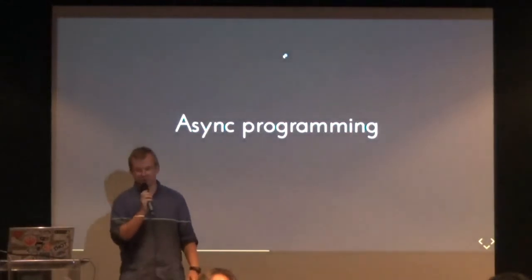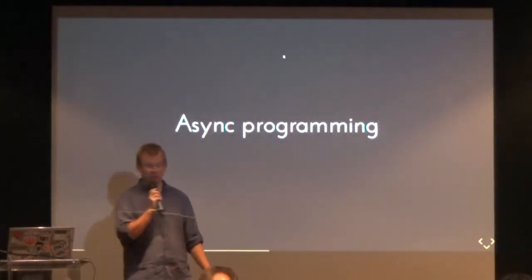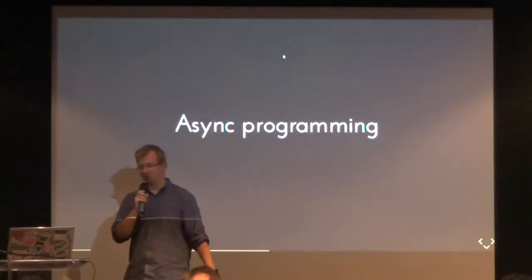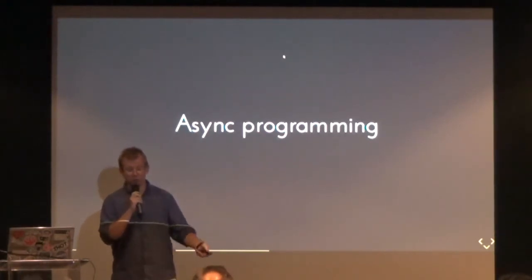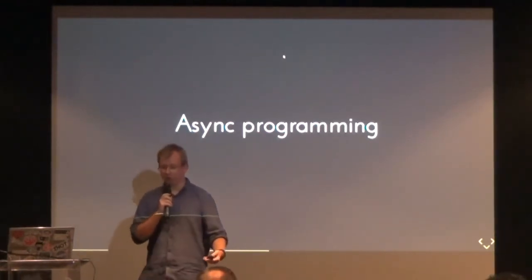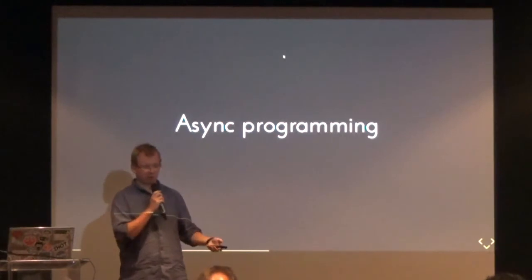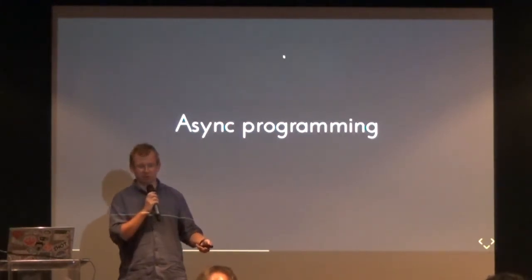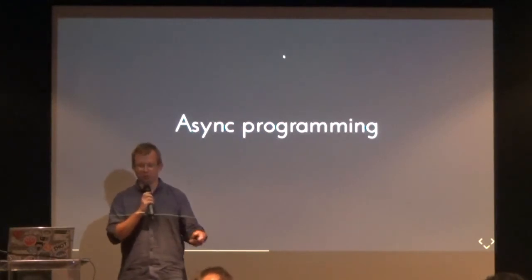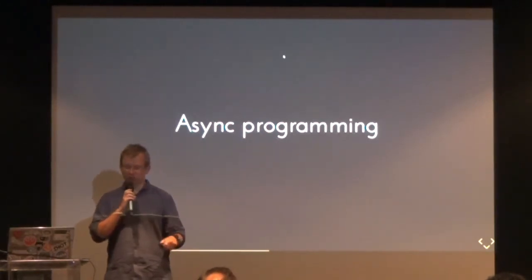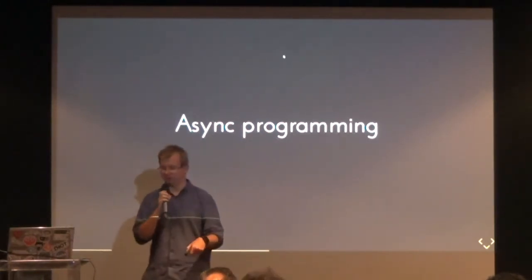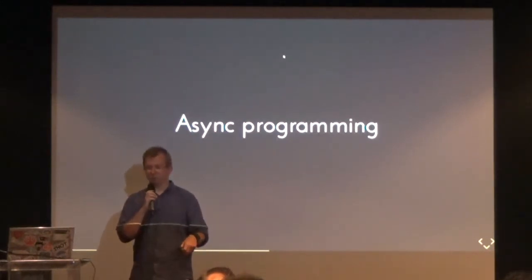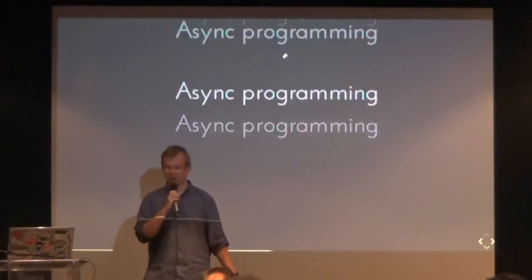The second thing is async programming. As you know, Fable supports both normal F# async, but also JavaScript promises. JavaScript promises are kind of similar to asyncs, but we won't go into the technical details of that. Basically, they both let you do the same thing, so do some asynchronous operations.